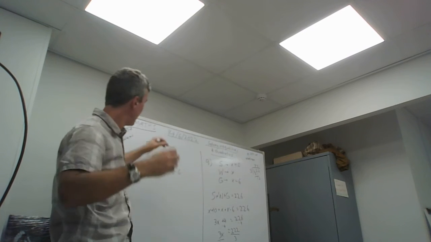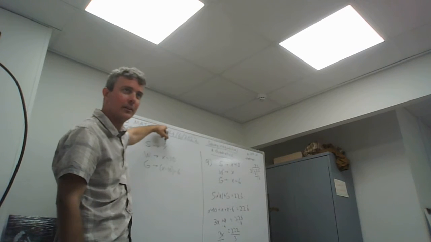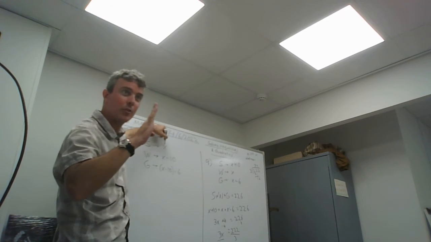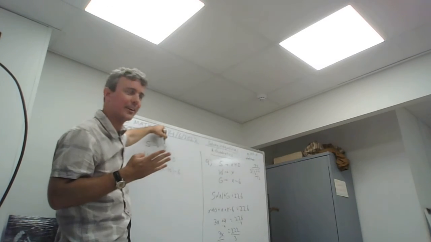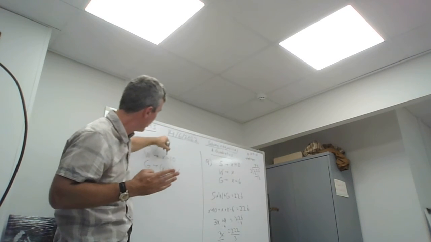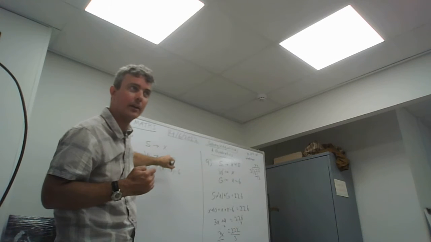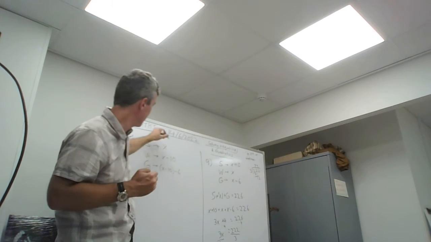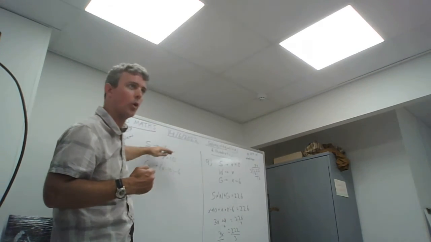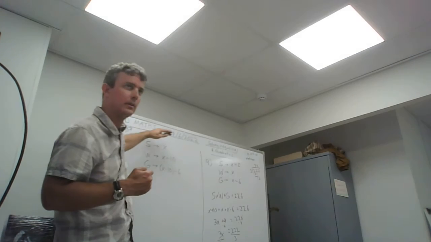So it's possible you can choose this one. It's not the end of the world if you choose the wrong variable. You just have to make sure that they're all in relationship to each other the proper way, according to the way the problem is set up.